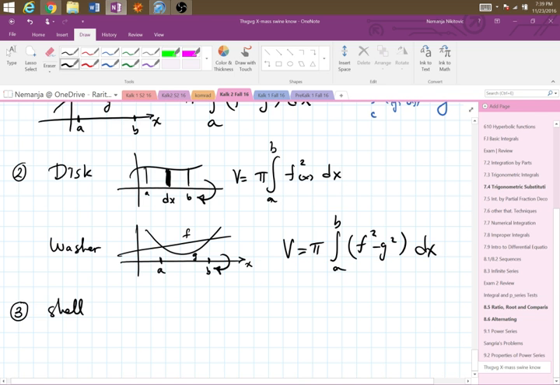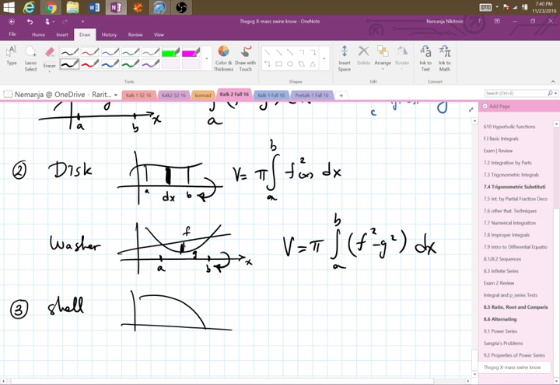Now we're moving to the shell method, which cuts differently. So if I'm to draw the same function or similar function, let's say like this, and now instead of having the good old dx, for rotation on y, we're going to have dy.